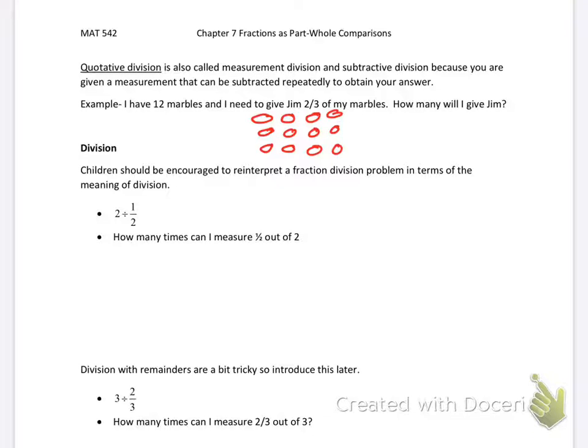Okay, so I drew them like that. And so here is 1/3. So I can subtract away 1/3. And then here is another 1/3. And so that's going to be 2/3 of my marbles. So that's going to be 2, 4, 6, 8 marbles, but I'm using subtraction to do that.